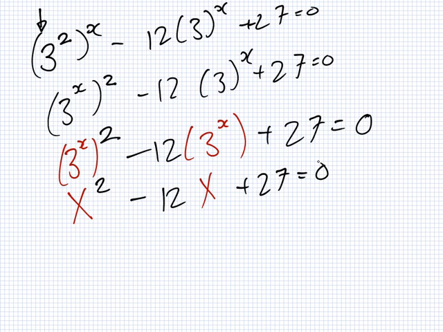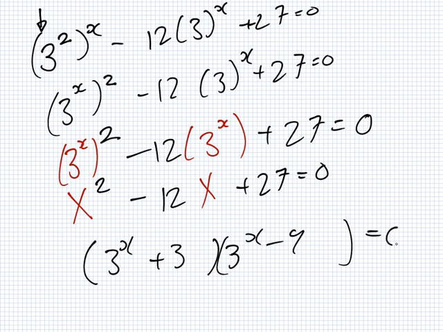Okay, so x squared minus 12x plus 27. You can see it's the same quadratic. Does it have factors? I think so. Minus 3 and plus 9? Let's see about that. No, the other way. Plus 3, minus 9? No. Minus 3, minus 9.